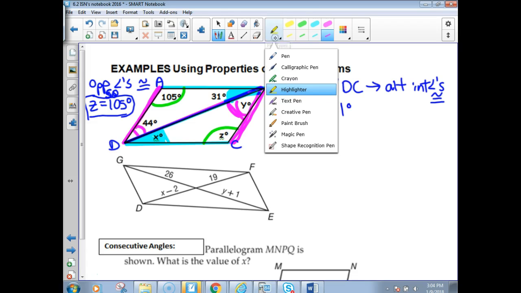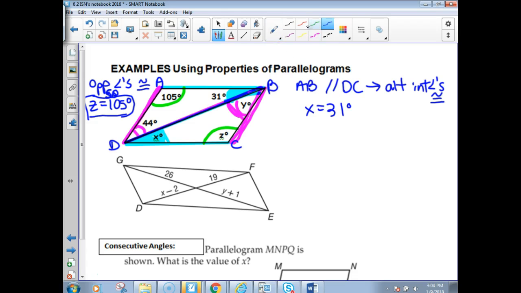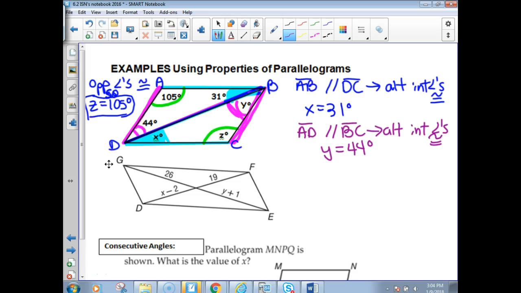So angle Y, so the reason again, what I'm going to write down is that AD is parallel to BC. Therefore, and those are segments, I guess I should have put segment bars on there. AD being parallel to BC gives me alternate interior angles congruent, again, which tells me that Y is 44 degrees.